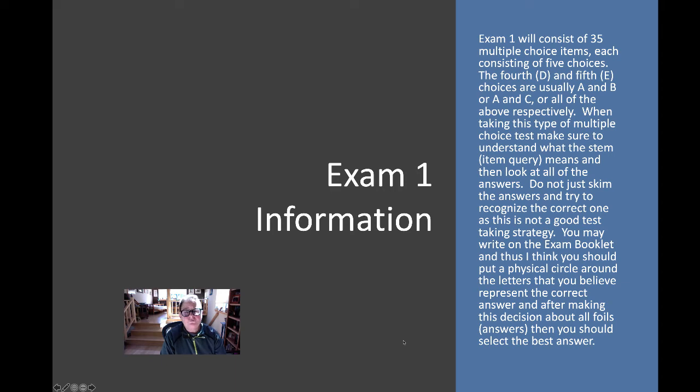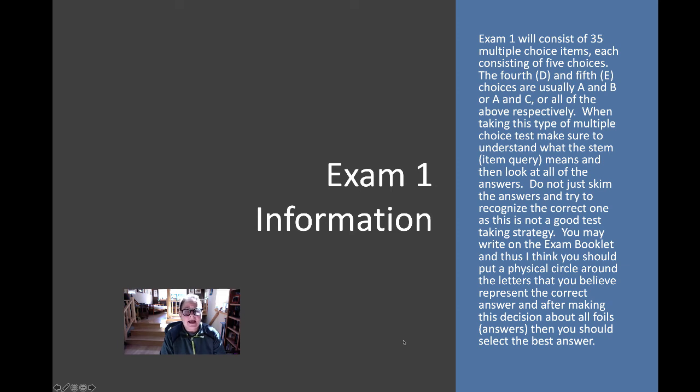Make sure to read the STEM. The STEM is what we would refer to as the item question, or what the item is actually querying about. And then you have 5 foils. You should read each of the foils after understanding what the STEM is about. If you think that a foil is accurate, then put a circle around it.